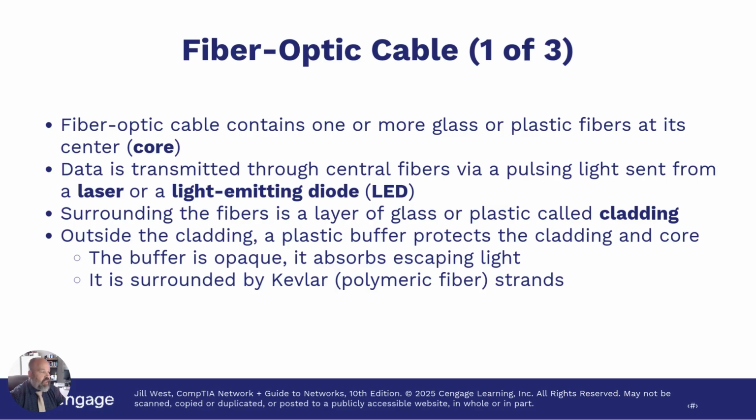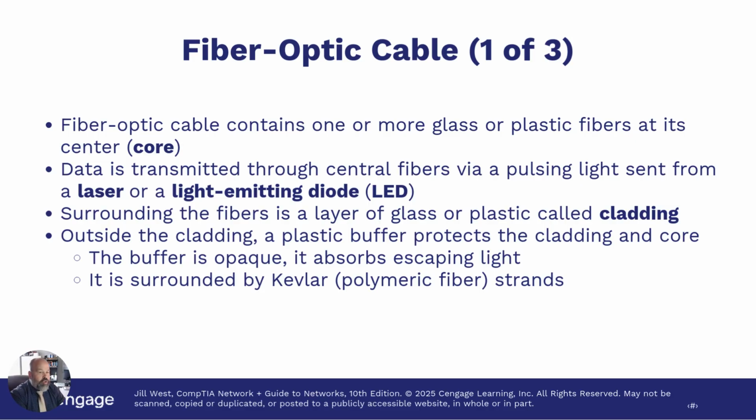Next type of cable we're going to look at is fiber optic cable. So in fiber optic cable, instead of electrical signals, it uses light pulses to transmit data through glass or plastic fibers. Data travels via pulsing light from lasers or LEDs. So that's like sending Morse code with a flashlight, but millions of times per second.